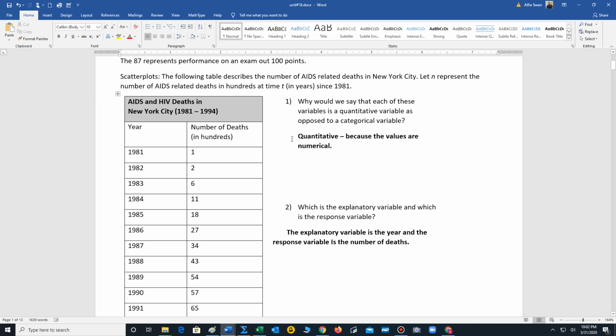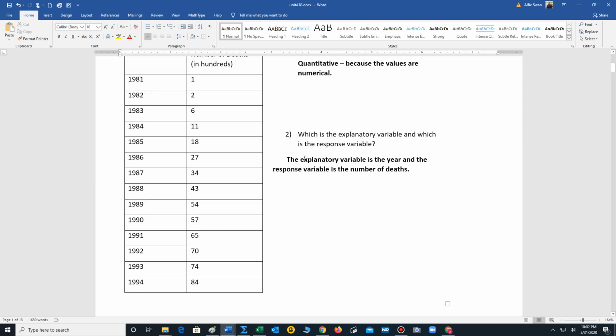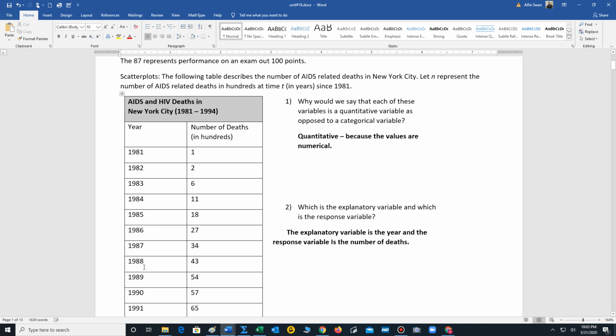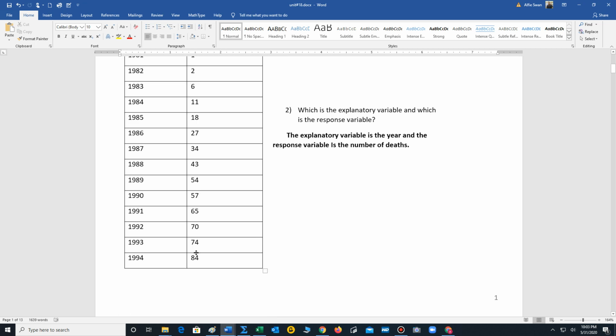Categorical, those are values that are typically nominal, or you can arrange values in categories. Second question, which is the explanatory variable and which is the response variable? The years are the explanatory variable, the number of deaths, the response variable. So as we can see, as time goes by, the number of deaths are increasing.